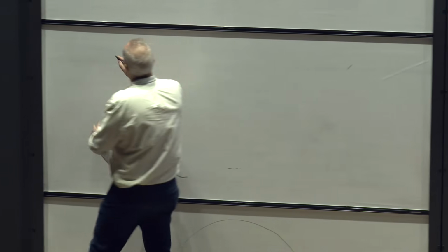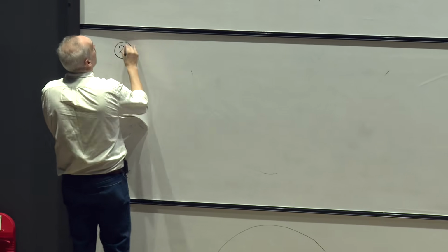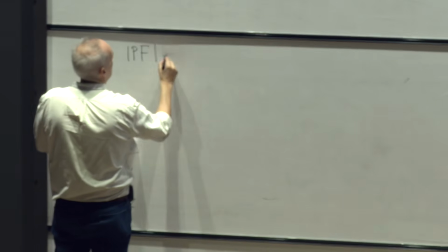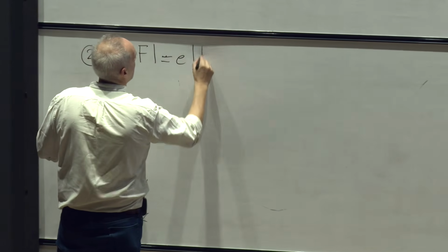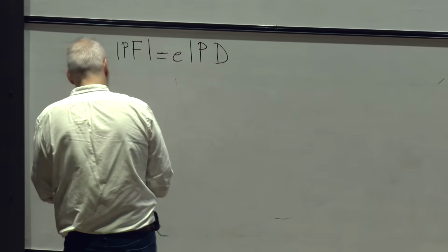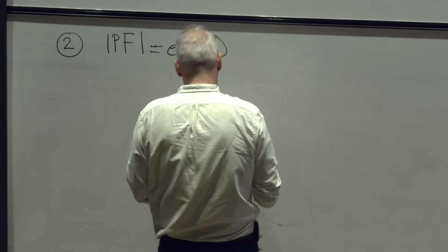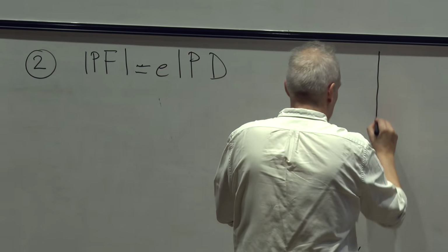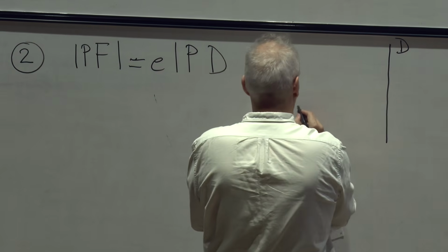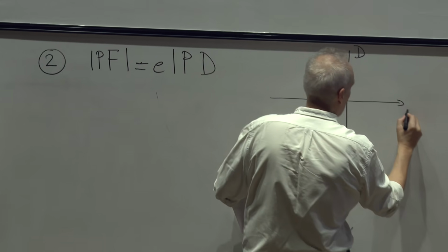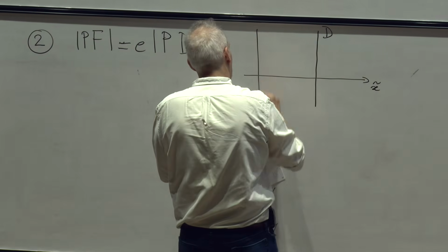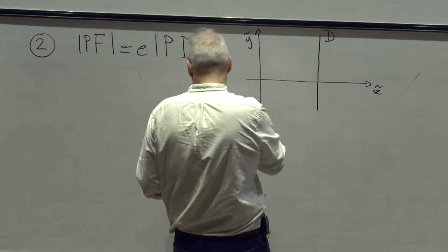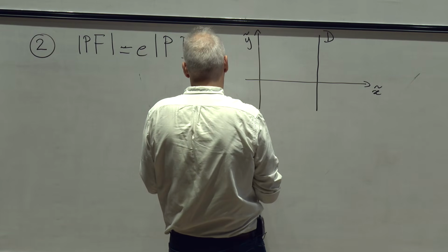So in this case, we have 2. We look at PF equals e PD. Let me put this line D like this. And I'm going to put coordinates x tilde, y tilde. And I'm going to put the focus here.